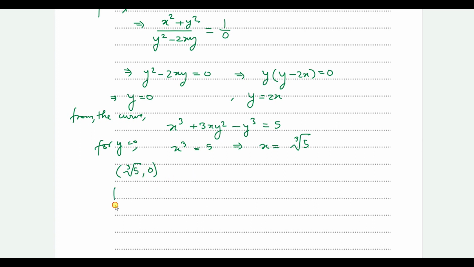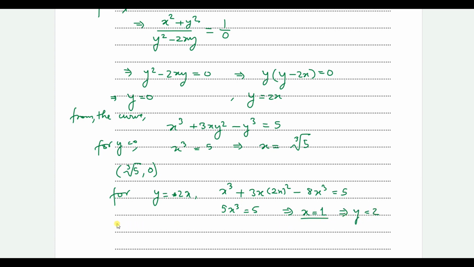And for y is equal to 2x, it would become x cube plus 3x into (2x) square minus (2x) whole cube, which is 12x cube minus 8x cube is equal to 5. 12 minus 8 is 4, and then plus x cube, so 5x cube is equal to 5, and hence x will be 1, which will give y as 2.